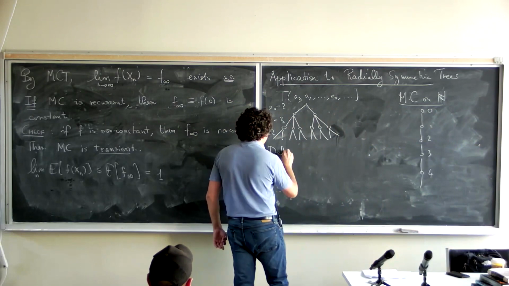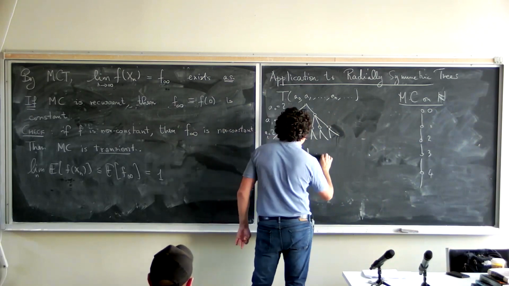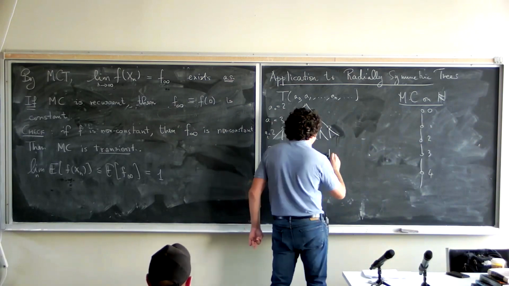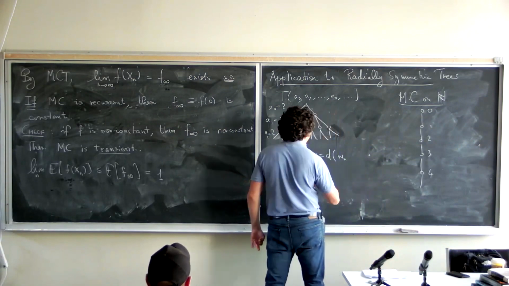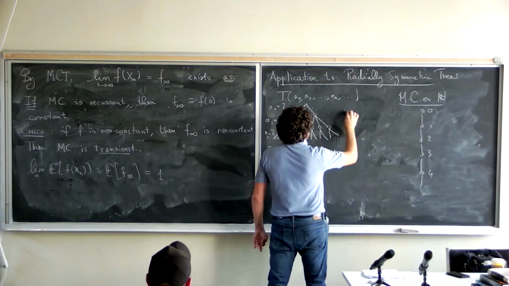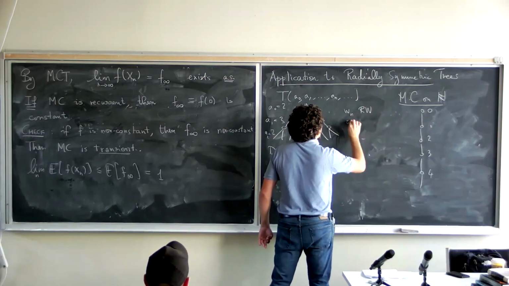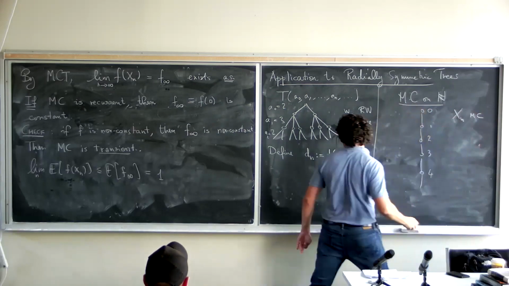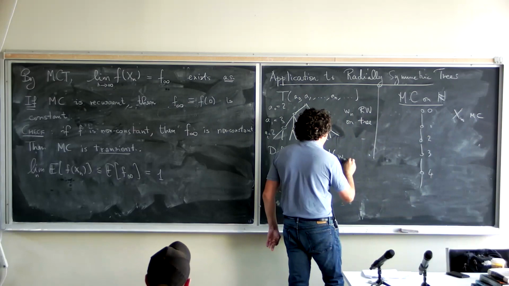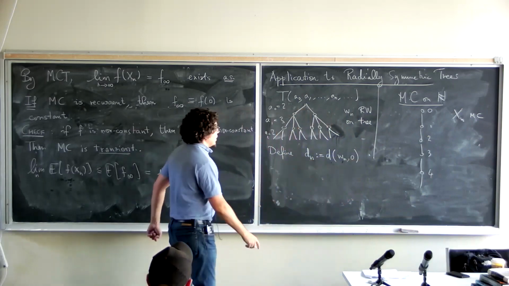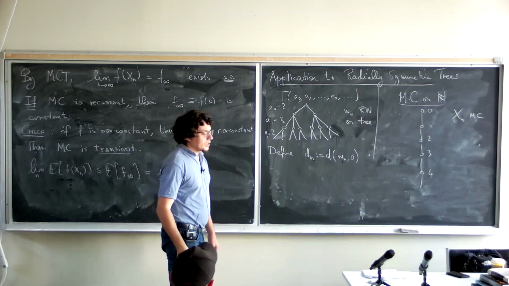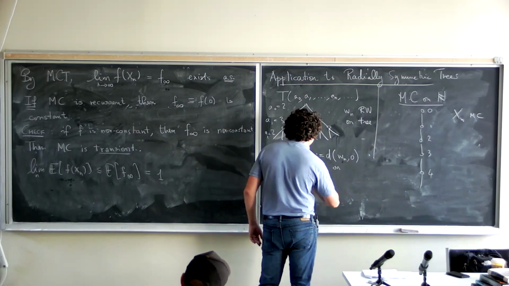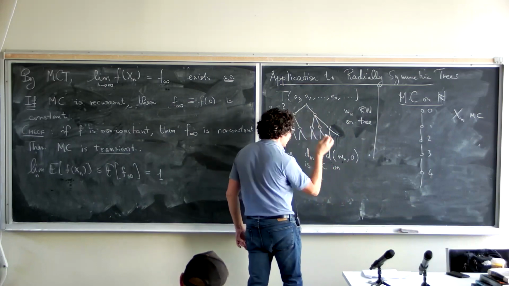So we define again Dn, which is the distance between the n-th step of the walk, which we always denote as Wn, the random walk on the tree, and 0. And here we call Xn the Markov chain. So this is a Markov chain on N.